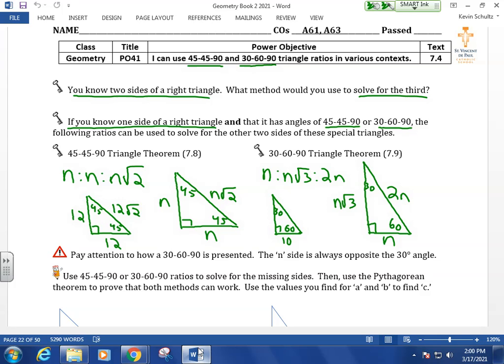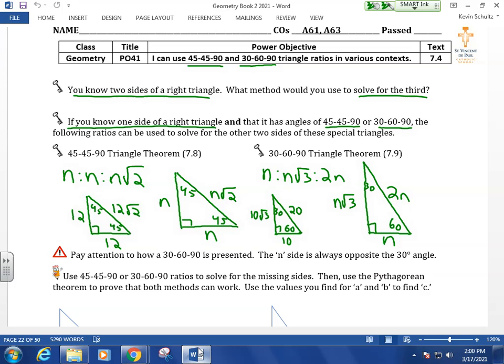The one opposite the 60-degree angle. Julia? 10 root 3. And the length of the hypotenuse? 20. 2 times N. Okay? Questions so far?